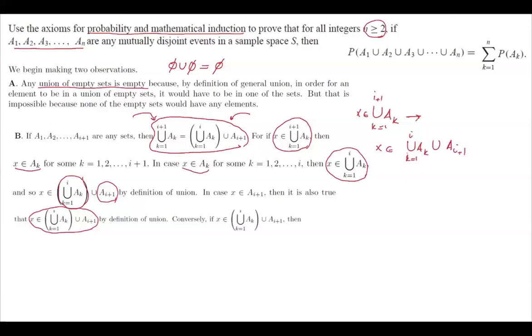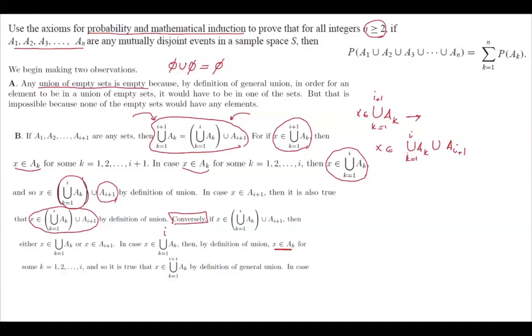Now conversely, if you take x in the right-hand side set, then it means that x belongs to the union of A sub k, or x belongs to the second set. In the case that x belongs to the union of A sub k, k from 1 to i, then by the definition of union, x must be in one of those sets.